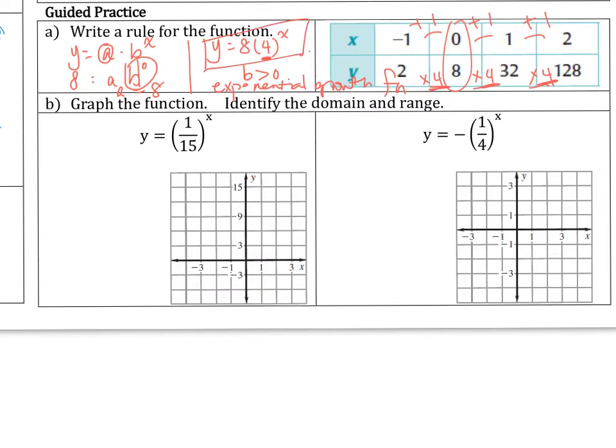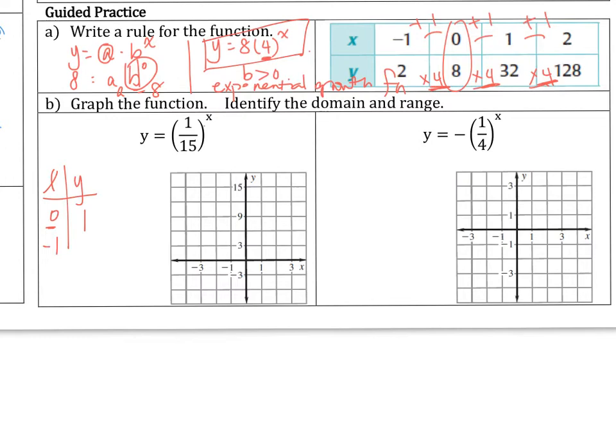Okay, part B, graph the function, identify the domain and range. Okay, you're going to find 2 points. 1/15 to the 0 power. Why do I use 0? Because it's the easiest. And I'm going to use -1. Why did I use -1?